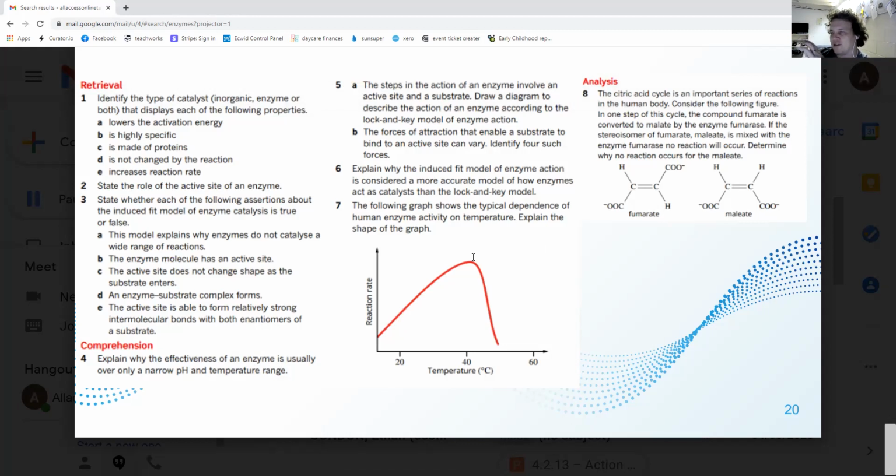Certain conformation. As you heat it up, the bonds in the protein become weakened. As they do that, the protein changes shape. As the protein changes shape, so does the active site of the enzyme.